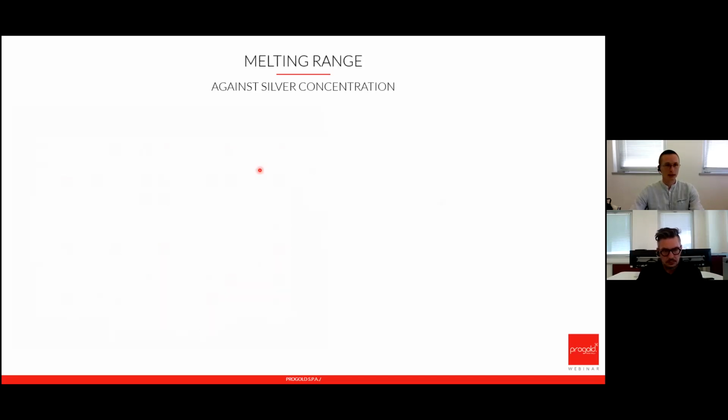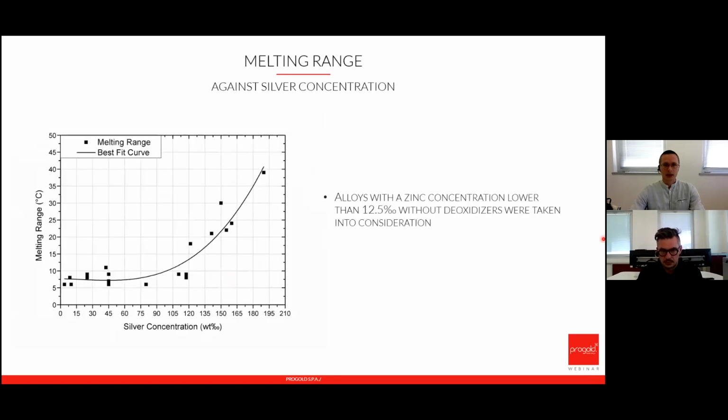Okay, another interesting aspect is the melting range. As you can see, as the silver content rises, the melting range increases. So it means that the difference between the LIQUIDUS and SOLIDUS curves becomes bigger as the silver concentration becomes bigger. This could lead, for example, to a different behavior of the alloy during solidification.